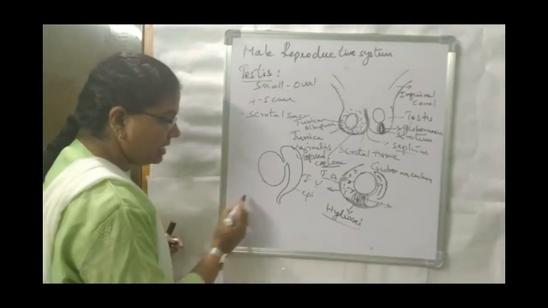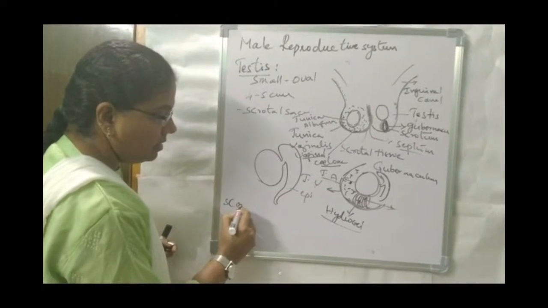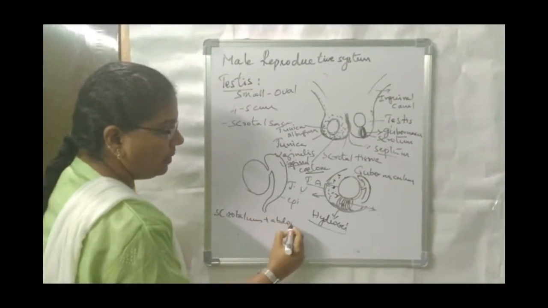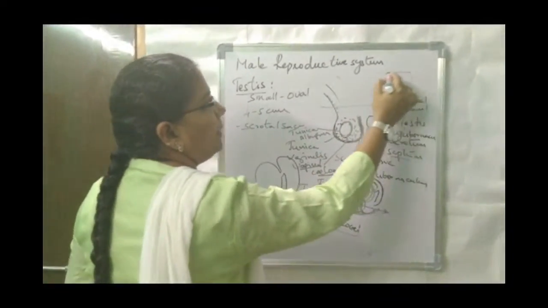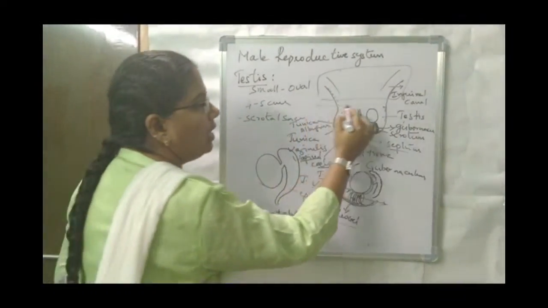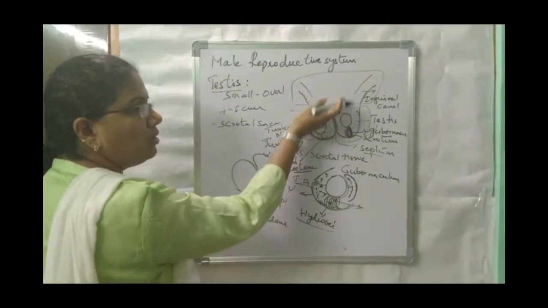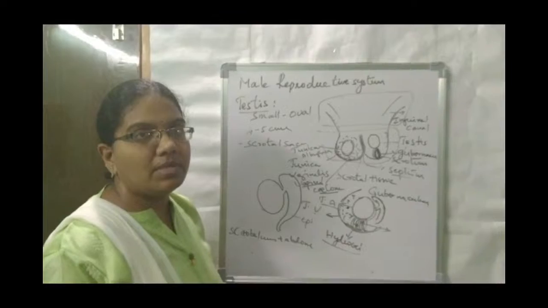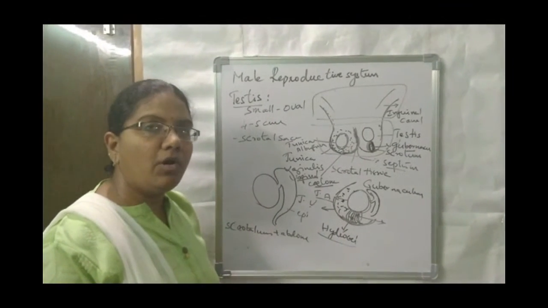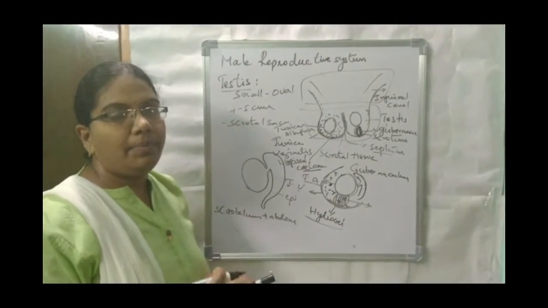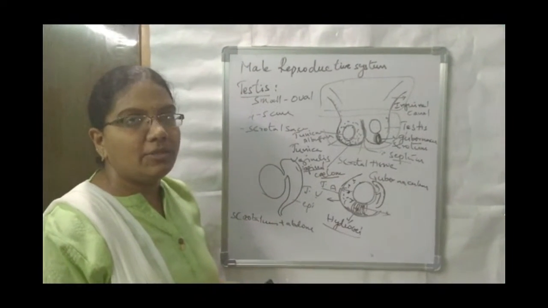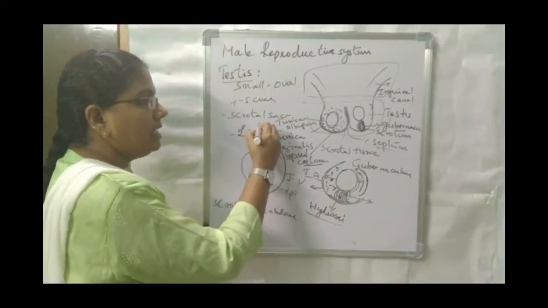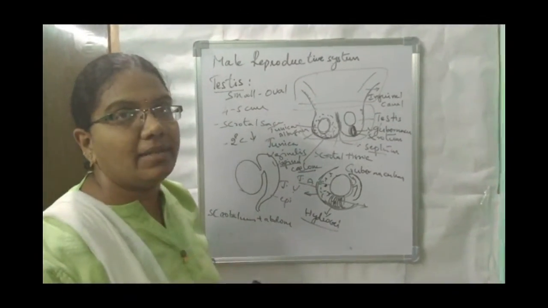Here we need to understand one thing. Scrotum plus abdominal cavity: the upper part is the abdominal cavity, the lower part is the scrotal. Both areas are very important to produce sperms. The scrotal area is extra-abdominal and is 2 degrees lower than the body temperature.